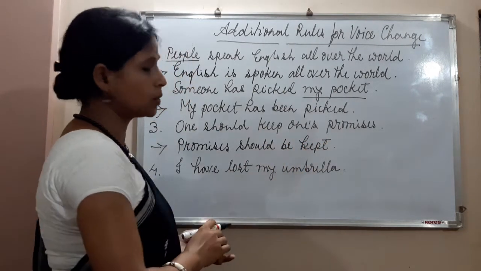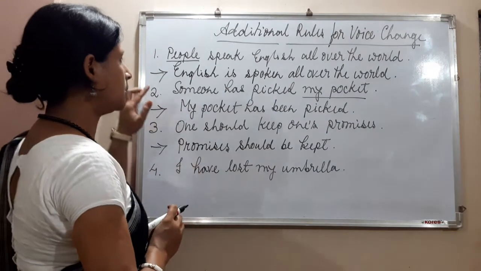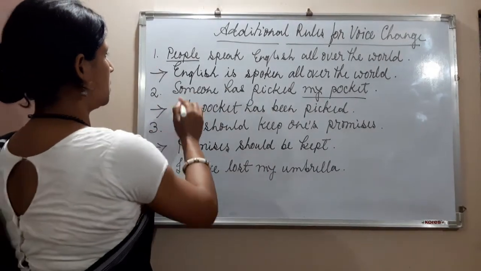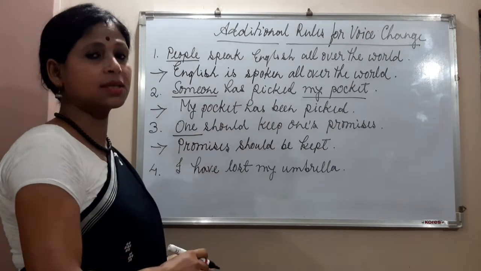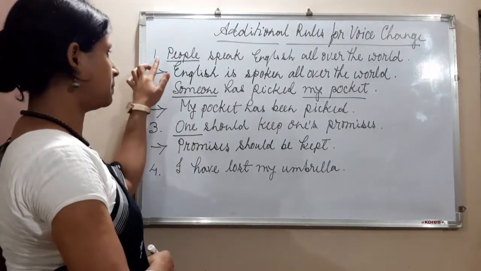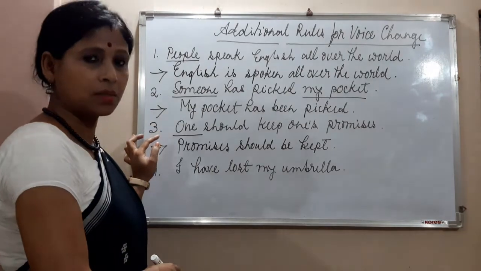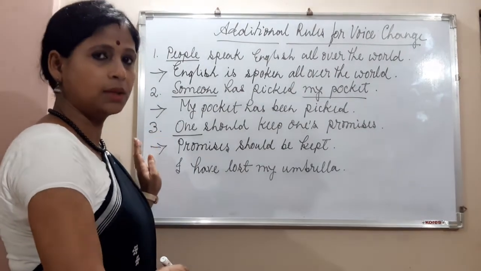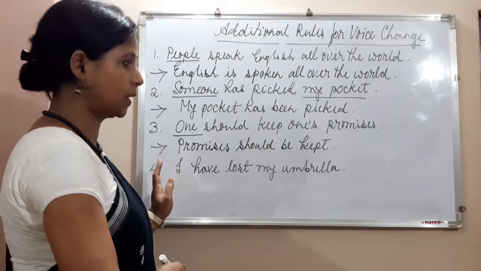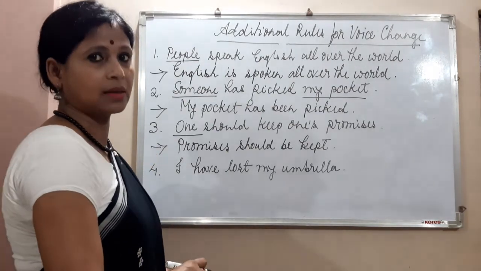So what I want to show you is that when the sentence uses some indefinite pronoun or some vague pronoun like people, someone, somebody, one, etc., then we will avoid the phrase by. That will be completely unnecessary.